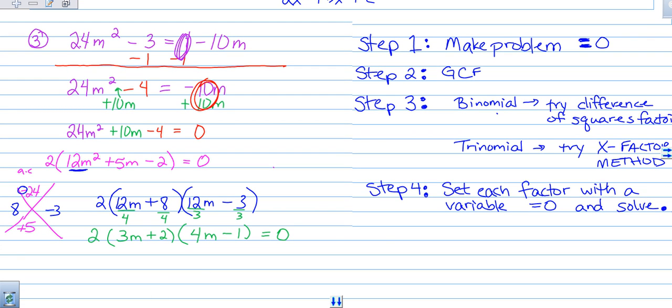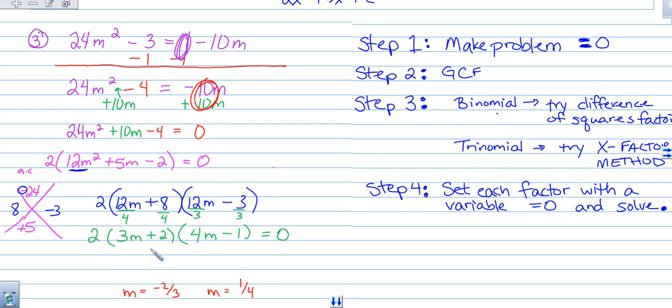Okay? And so now, step 4, set each factor with a variable equal to 0. Okay? Well, 2 doesn't have a variable on it, so we're not going to set that equal to 0. Okay? So you set each of these equal to 0, and you should see that you get m equals negative 2 over 3, and m equals positive 1 over 4.